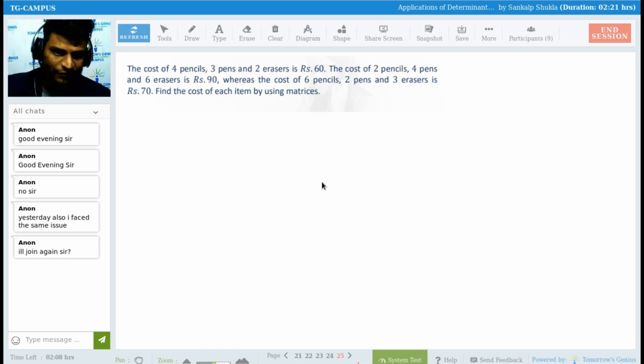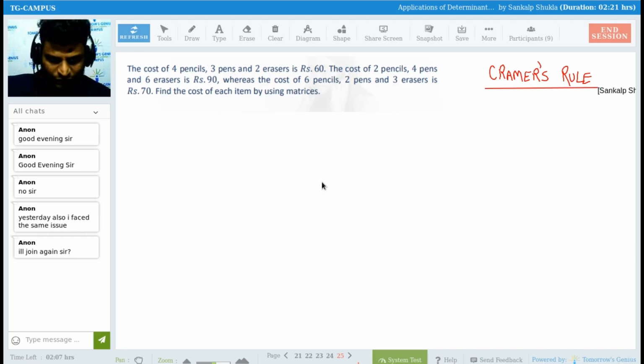Now we are going to solve this with the help of determinant method, also known as Cramer's rule. Cramer's rule, highly important. Not in CBSE. Earlier it was in CBSE, but then it got reduced from CBSE. So nobody talks about Cramer's rule nowadays.